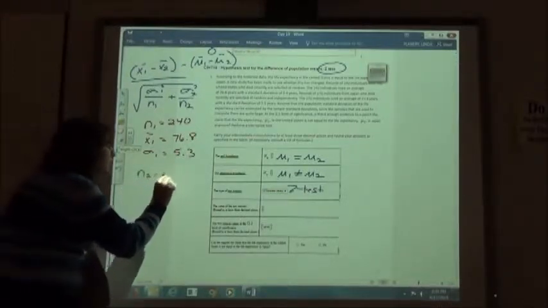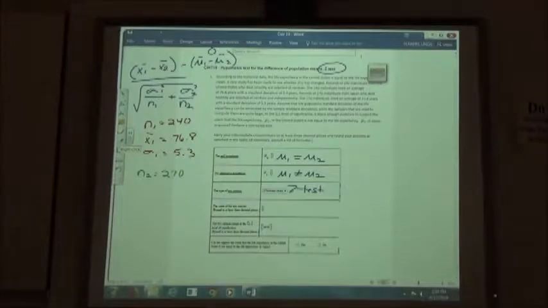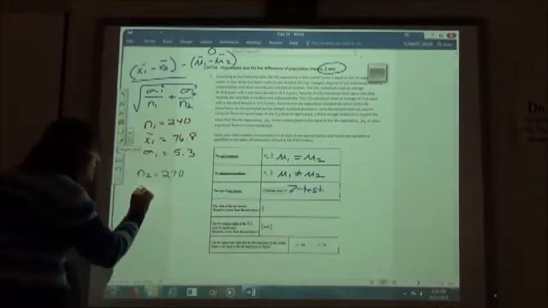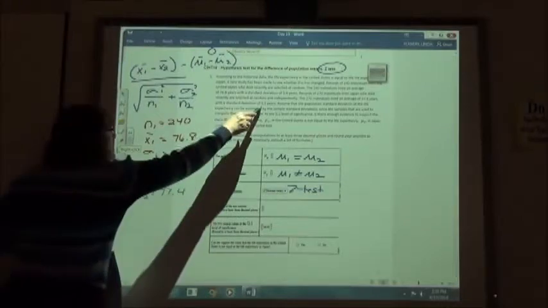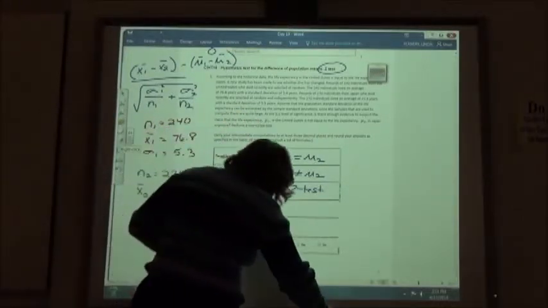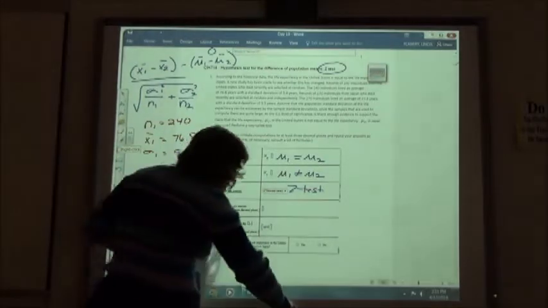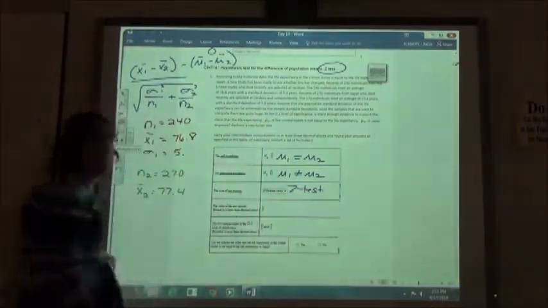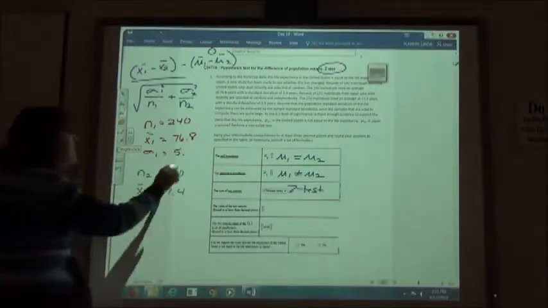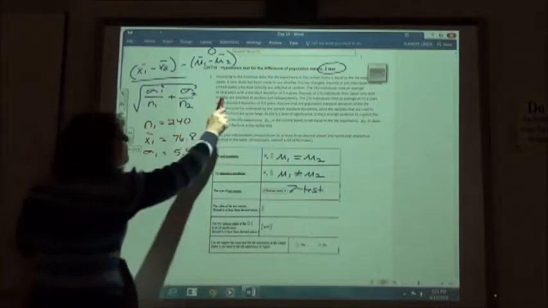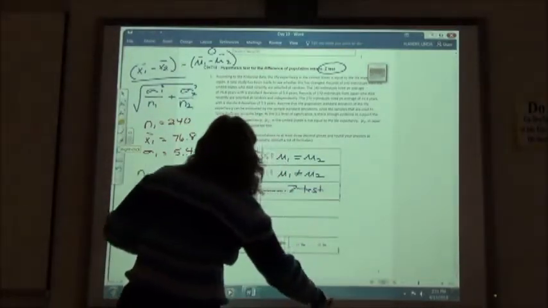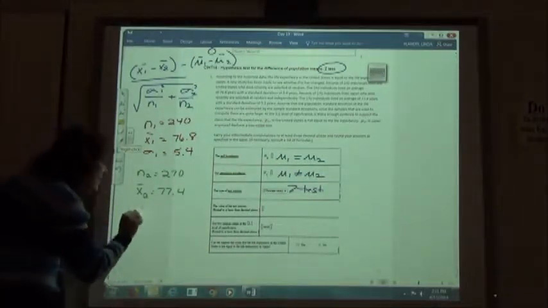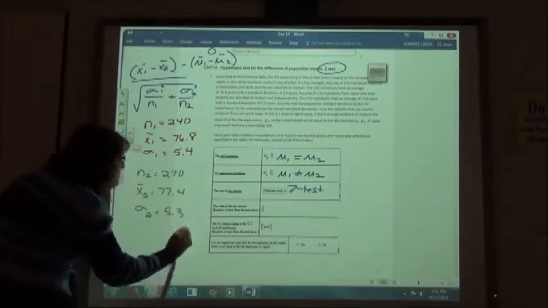So n sub 2 is going to be 270. My average of those people was 77.4, so X bar sub 2 is 77.4. My standard deviation was 5, whoops, I did that again. This top one was supposed to be 5.4. When you jump back and forth, it's hard to read. That should have been a 5.4 for my standard deviation for the first one. 76.8 years with a standard deviation of 5.4. On the second one, it's the 5.3. So sigma sub 2 is 5.3.